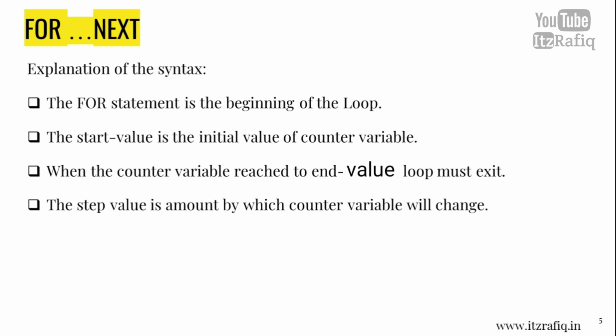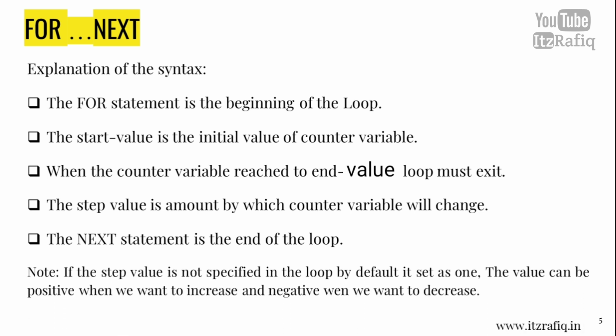It means each time the value of counter will be incremented by 2. And if we write a minus number or negative number in place of a positive number, then each time the value of the counter variable will be decremented by that number. The NEXT statement is the end of the loop.